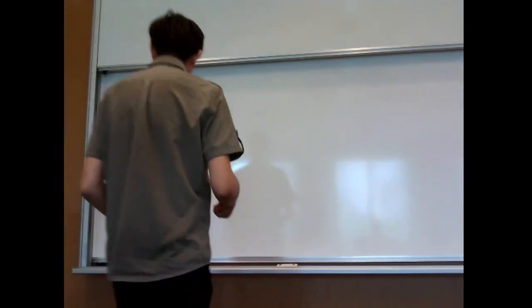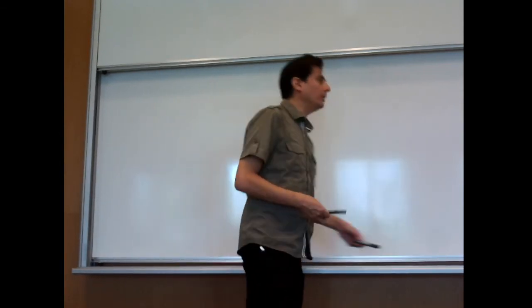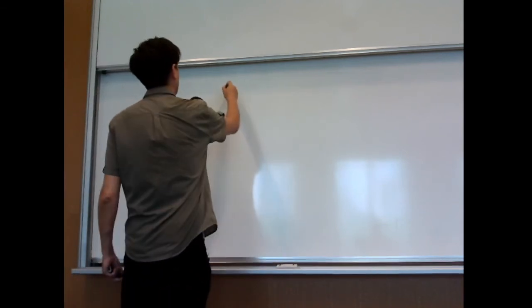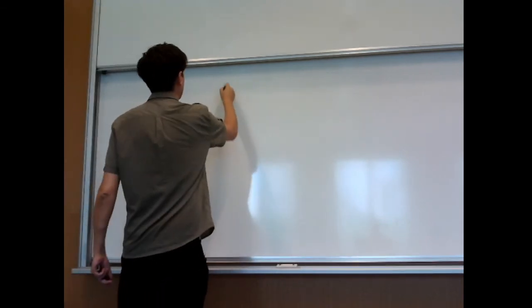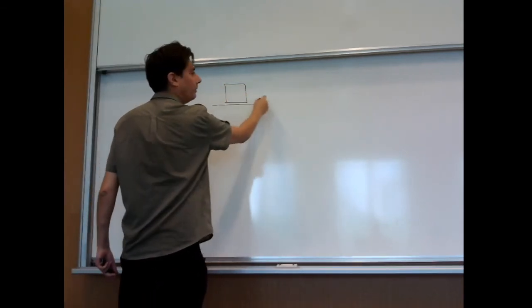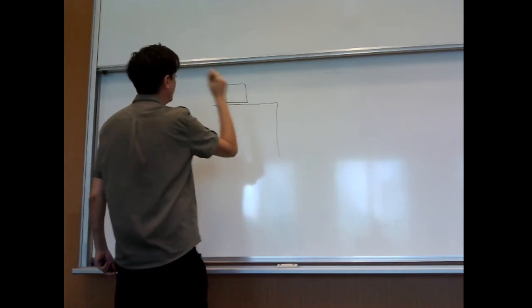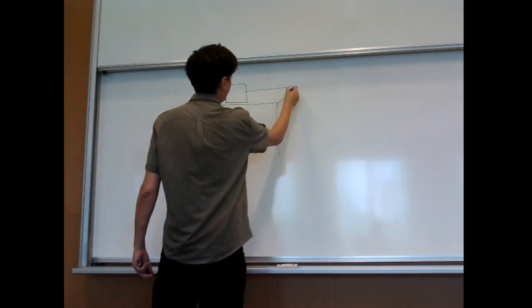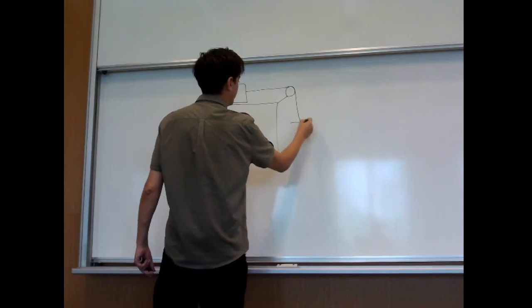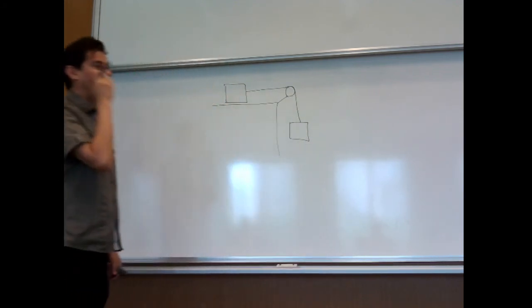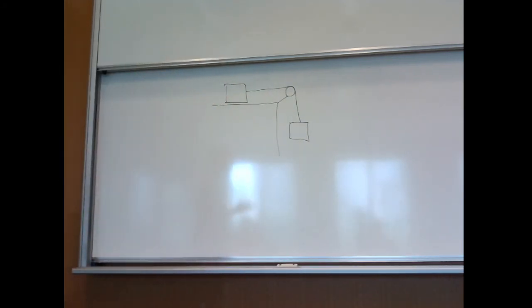What I normally do with these things is, even if they give a diagram, I redraw the diagram, because when you redraw it, you get everything sort of in your mind.